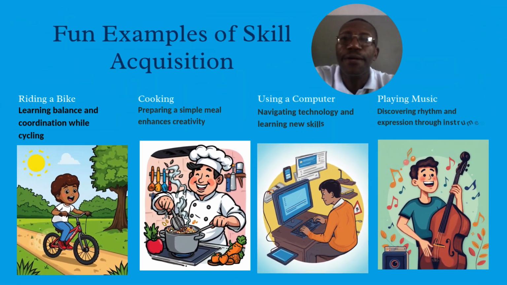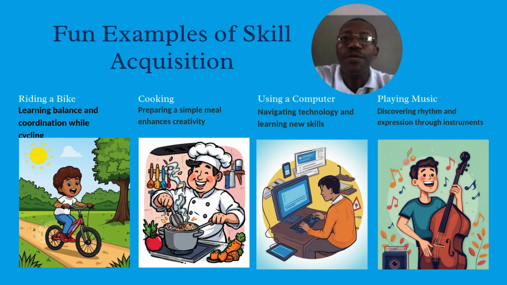Okay, welcome back. So let's make progress with our class today. So let's look at fun examples of skill acquisition. So this skill acquisition we are talking about, it shouldn't be work, work, work. Skill acquisition most of the times, it could be things we do for fun. So let's look at, for example, riding a bike.